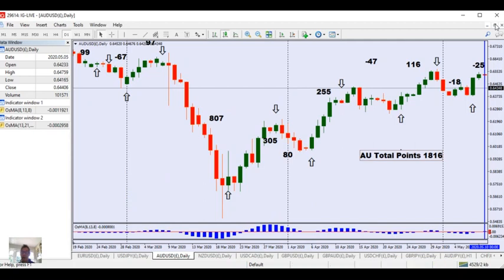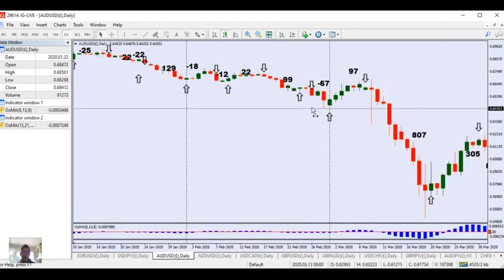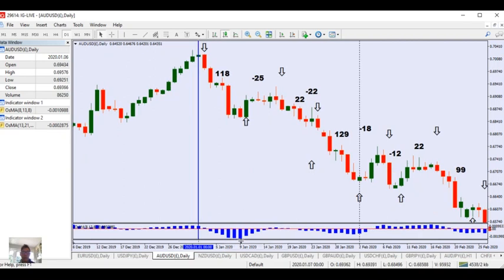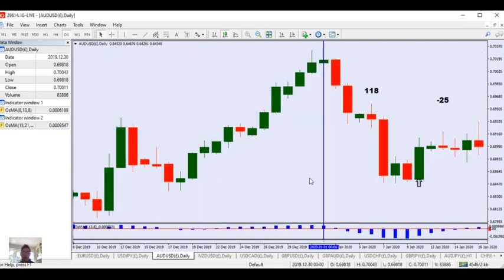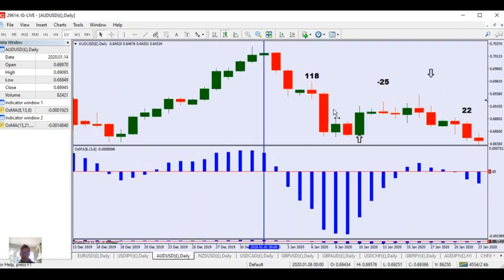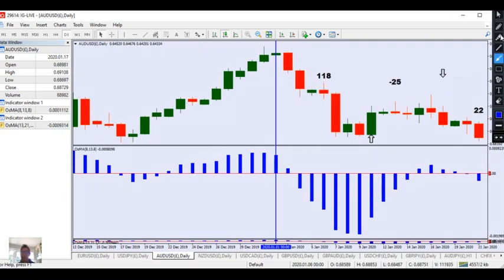Now that's quite a decent number of points for literally just following changes in the trend in the market. We're not doing any hard work here. Literally every night at midnight, you're looking at the market, and you can see the OsMA's turned down. I'll take a down trade to where it turns up again here, and that's 118 points.